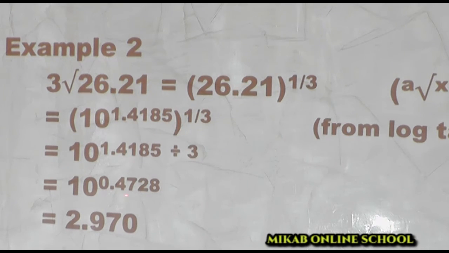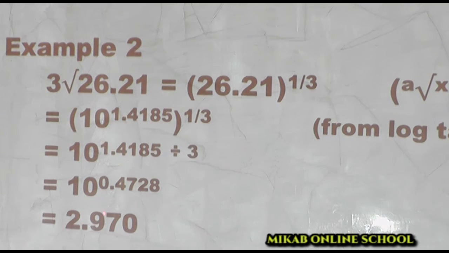So 10 raised to the power of, when you divide 1.4185 by 3, you're going to have 0.4728. And we can find the value of 10 raised to the power of 0.4728 by checking the anti-logarithm table, where we check for 47 under 2, a difference of 8.